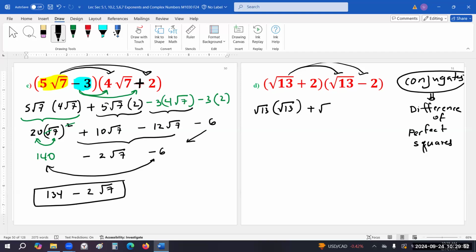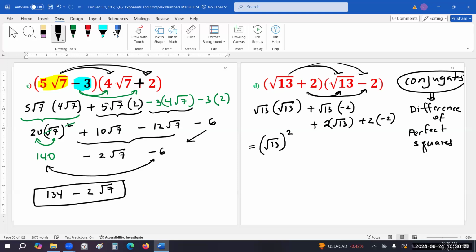Plus square root of 13 times the negative 2. Plus 2 square root of 13. Plus 2 times negative 2. And then the square root of 13 is to the power 2.